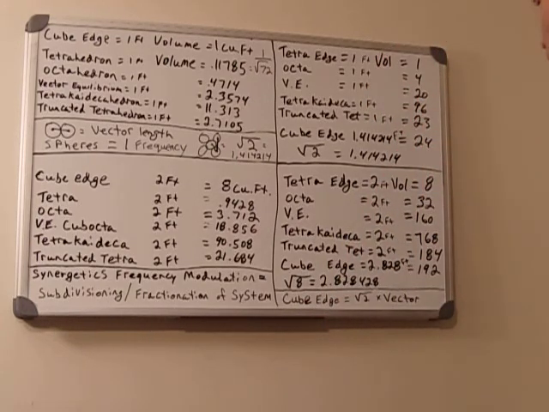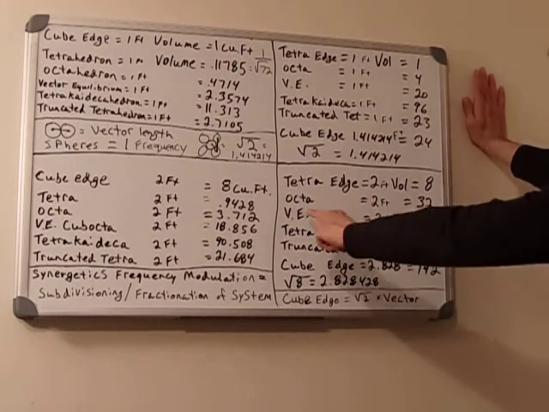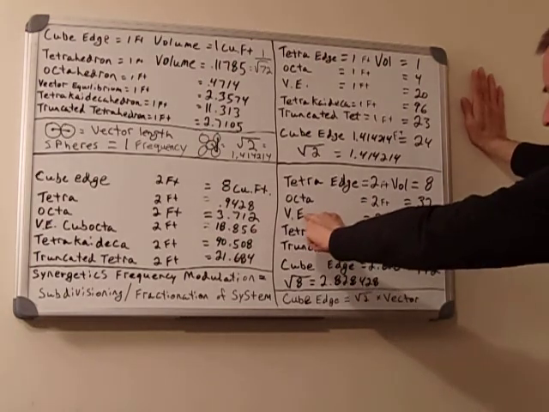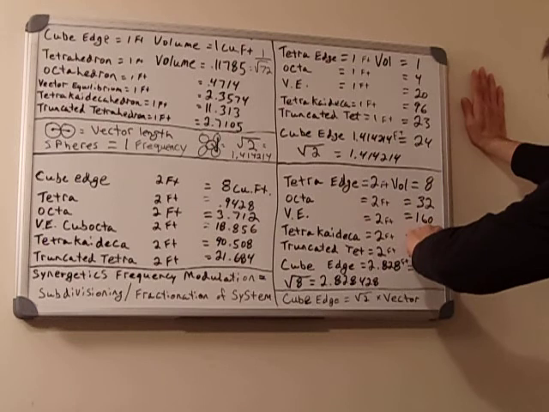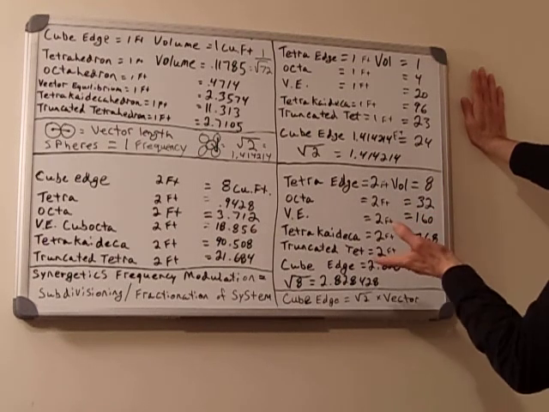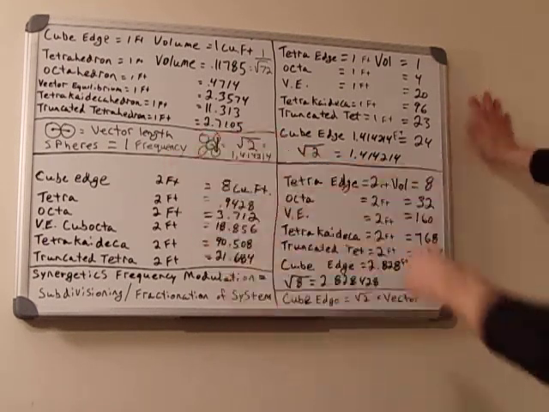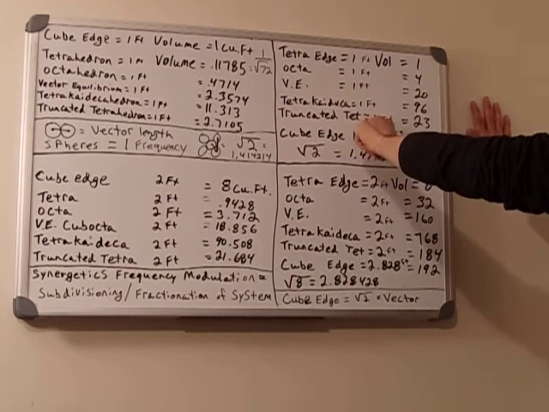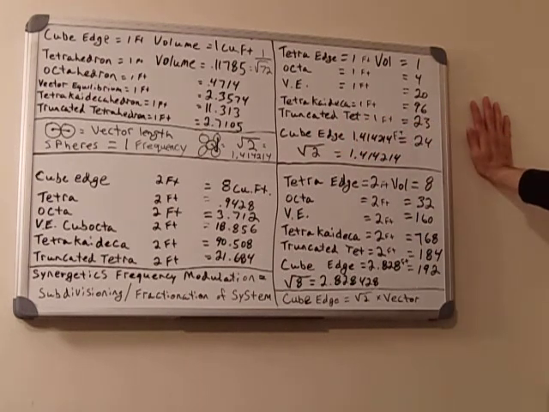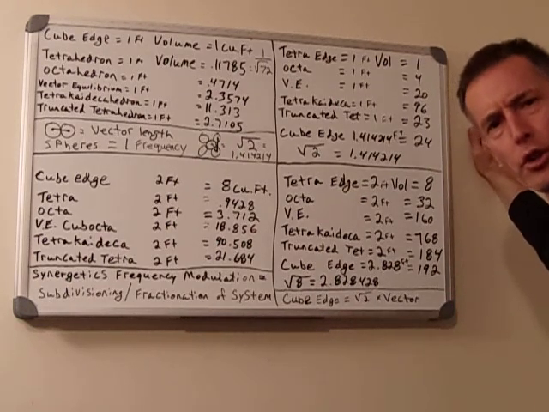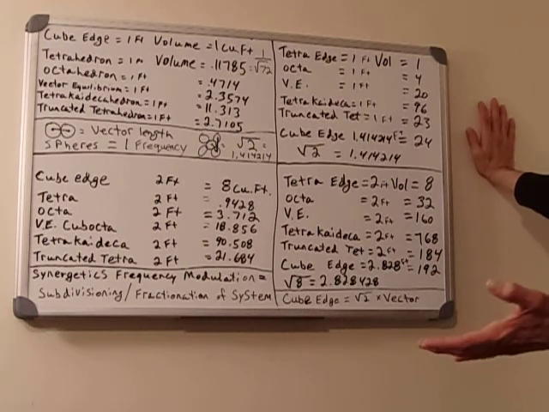I noticed, for instance, that the vector equilibrium's 2-frequency volume of 160 could subtract the truncated tetrahedron's volume of 23 and equal 137, which is the inverse of the fine structure constant. I thought that was interesting.